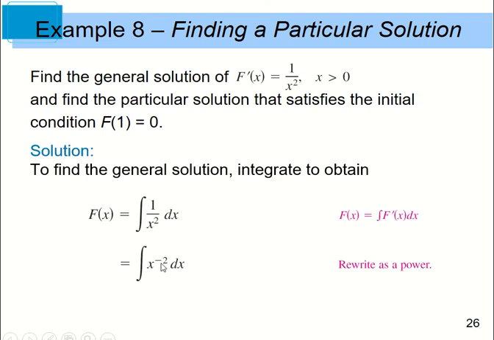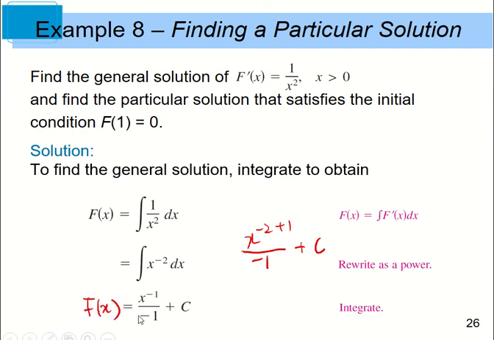When we integrate, power plus 1: negative 2 plus 1 we get negative 1, divided by negative 1, plus the constant. So we have x to the power of negative 1 over negative 1 plus c. This is what we have for f x.